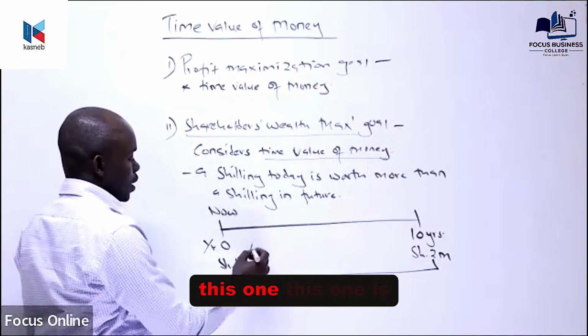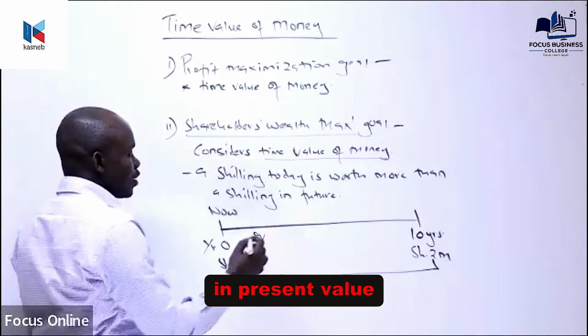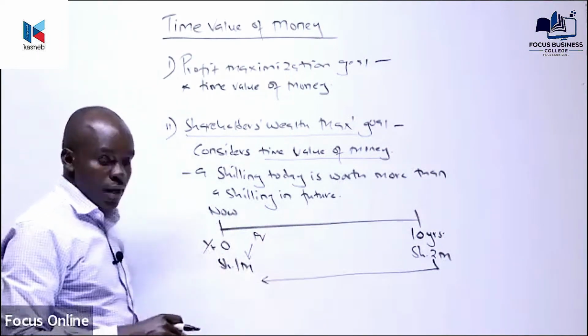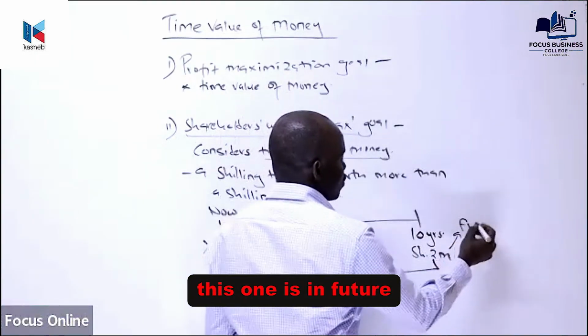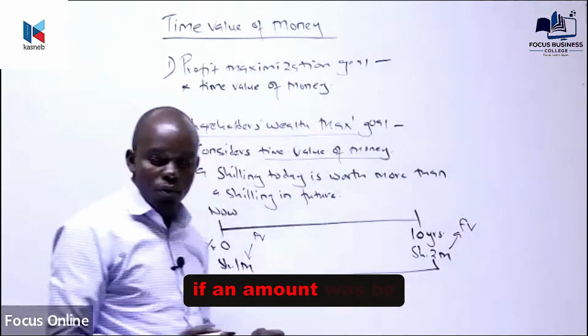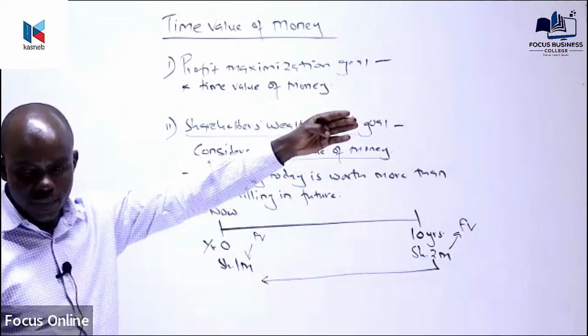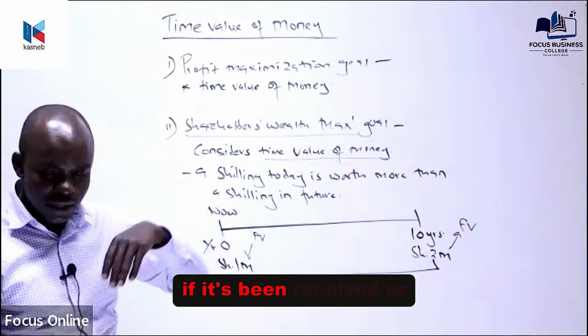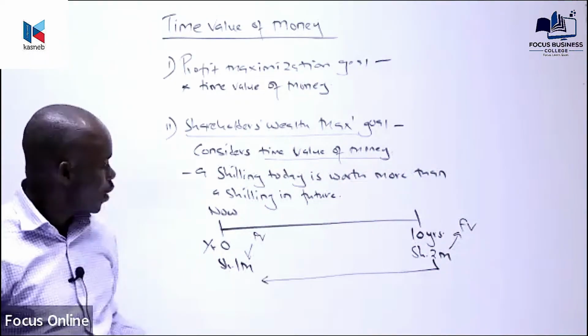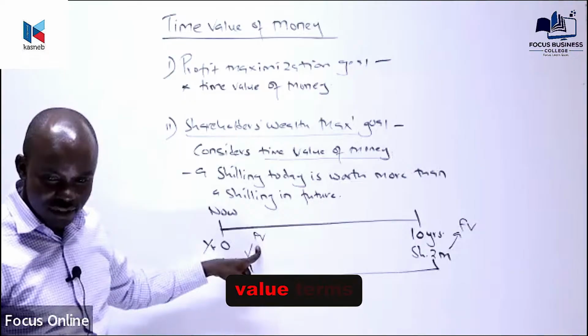Present value means now. But this 2 million is in future value. If an amount will be received in future, we say it is in future value form. If it's been received or paid today, we say it's in present value terms.